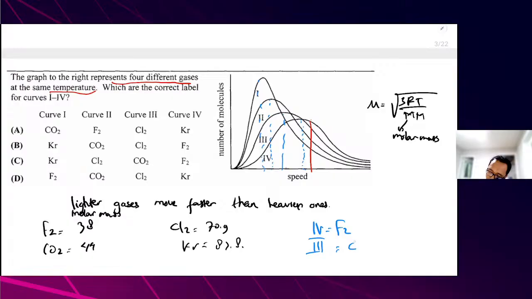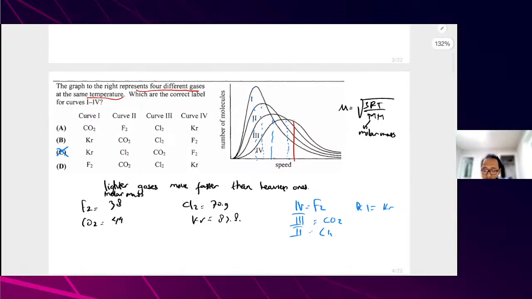Let me see. The faster one is CO2. Sorry. Number 2 is Cl2. Number 1 is Kr. So the answer will be C. Just remember that concept. Now let's move on to another question.